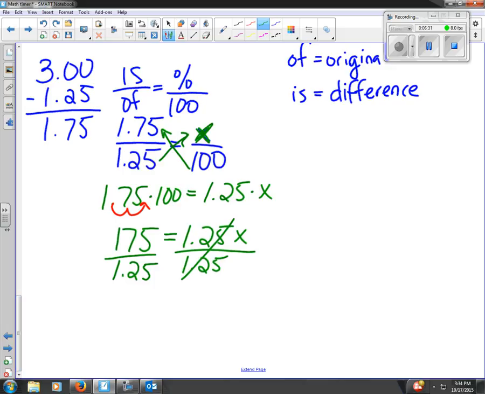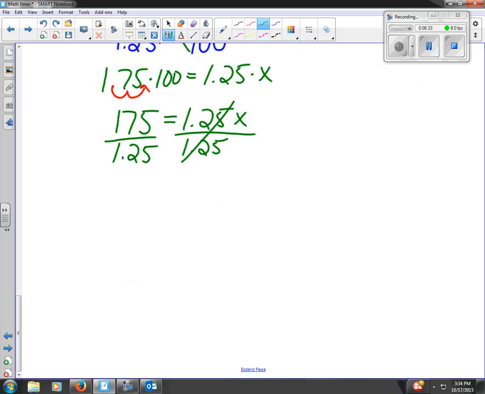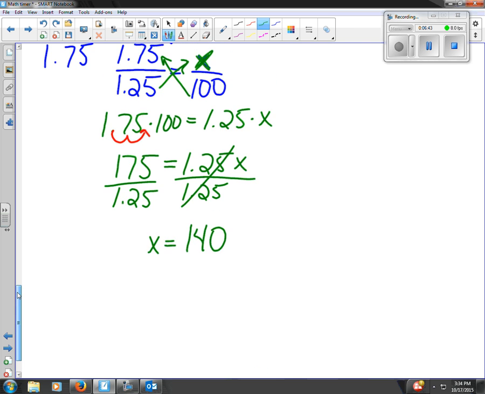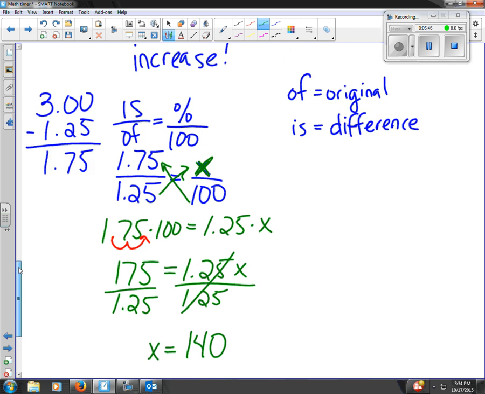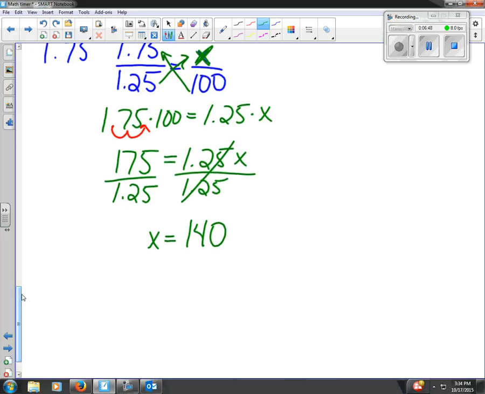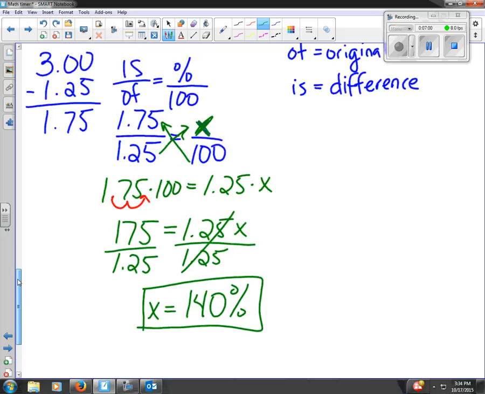And you get, what's 175 divided by 1.25? You get x equals 140. Okay, so how much of an increase? 175 divided by 1.25 is 140%. And that's an increase of 140%.